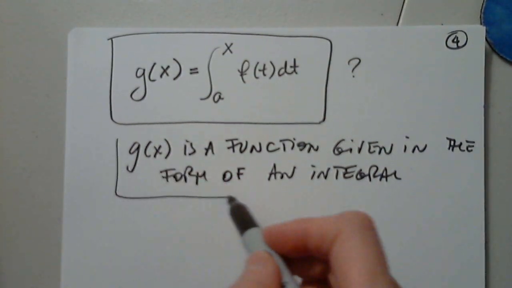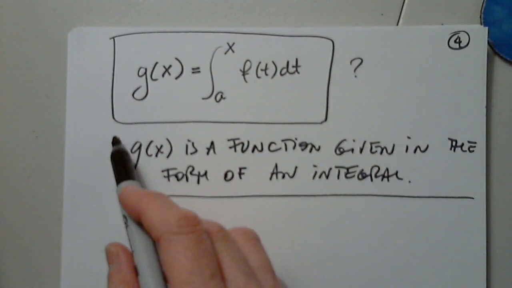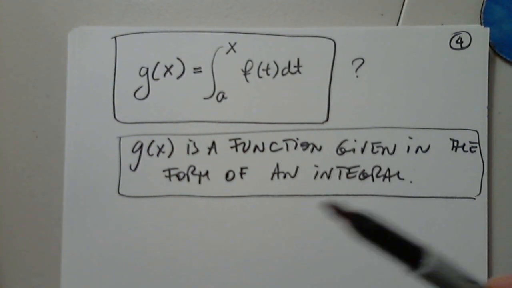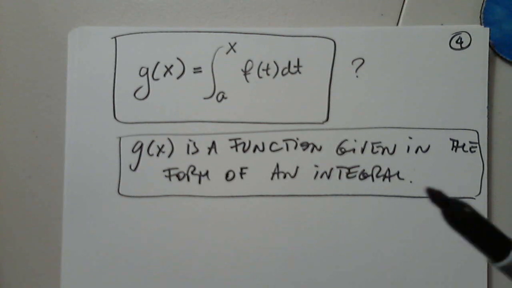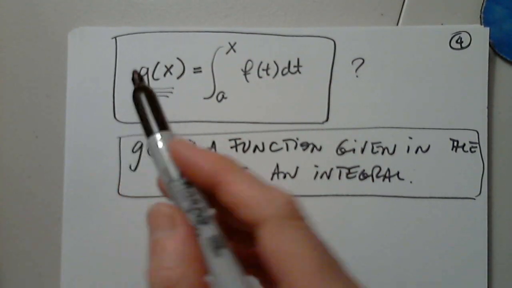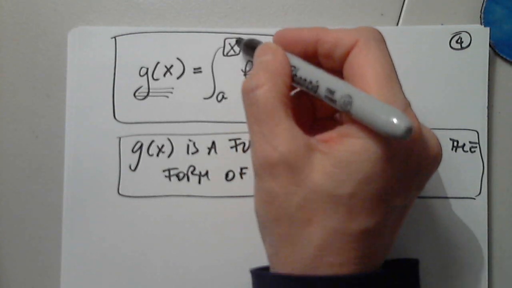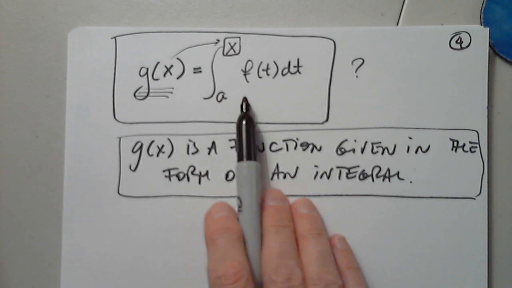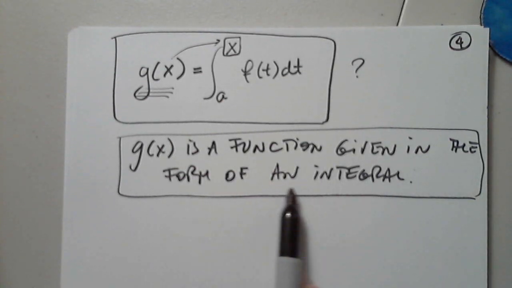This is totally new. We have never seen this before. We've seen functions like log, like the square root, like the cube root, like exponential, but we have never seen a function. As you see, this is the variable. We have never seen a function that was given to us in a form of an integral.